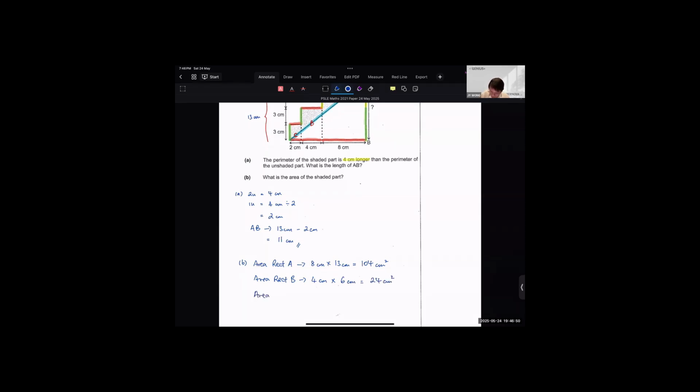Area of rectangle C, 2 times 3 to give me 6 cm squared.